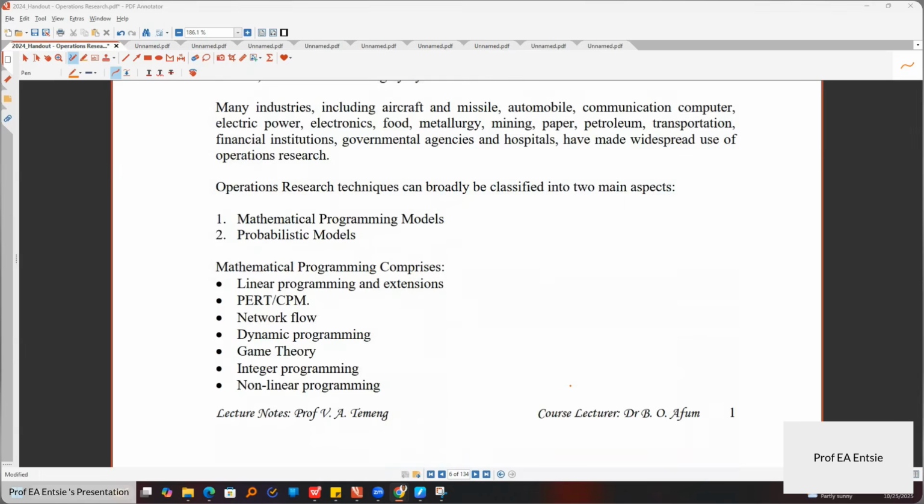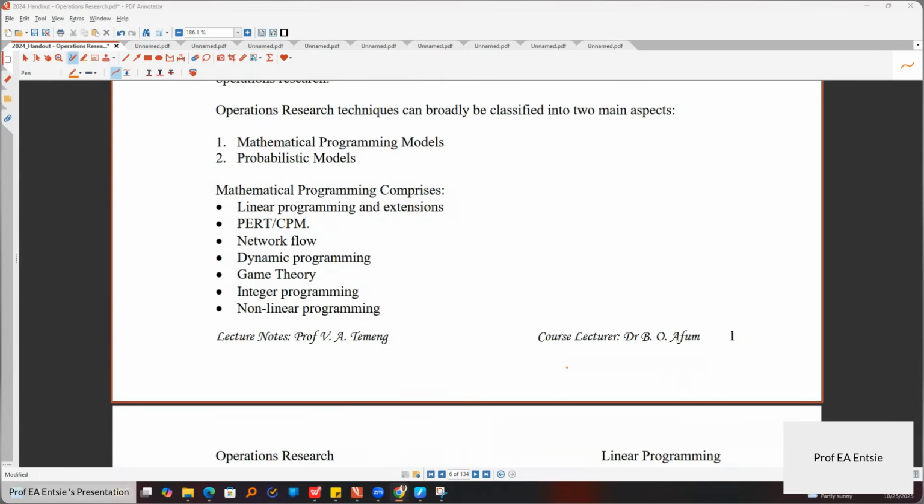OR, that's operation research, is broadly classified into two main branches. We have the mathematical programming models and we also have the probabilistic models. The mathematical programming model is made up of linear programming, PERT or CPM, network flow, dynamic programming, game theory, integer programming, non-linear programming.